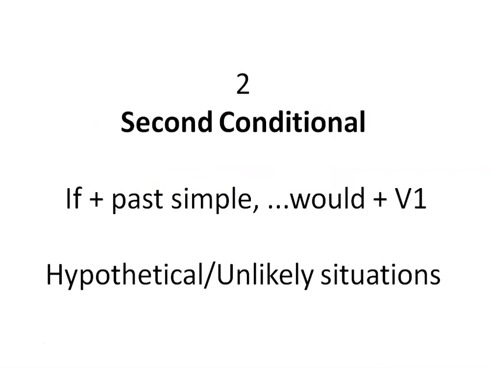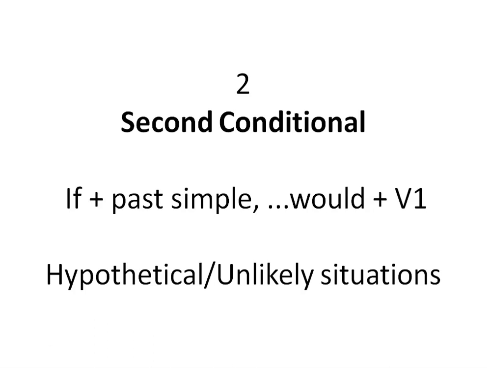So this is the second conditional, and here the pattern, the structure that we need to remember is past simple, would plus V1. Earlier we learnt zero conditional: simple present. First conditional: simple present, simple future.